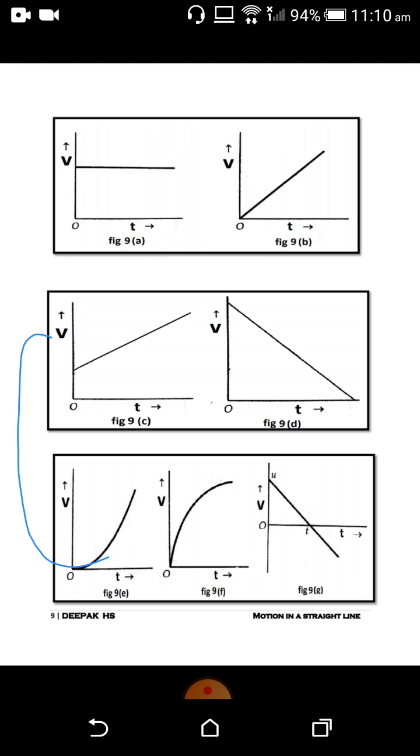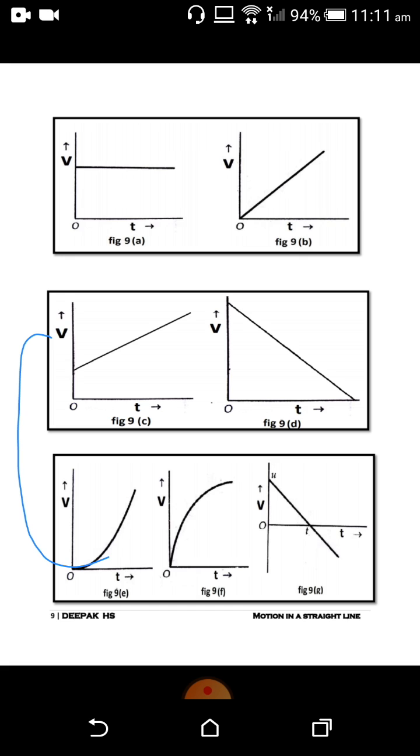The fourth is a body moving with a negative acceleration. The fifth figure is for a body which is moving with increasing acceleration. The next graph is for a body moving with decreasing acceleration.